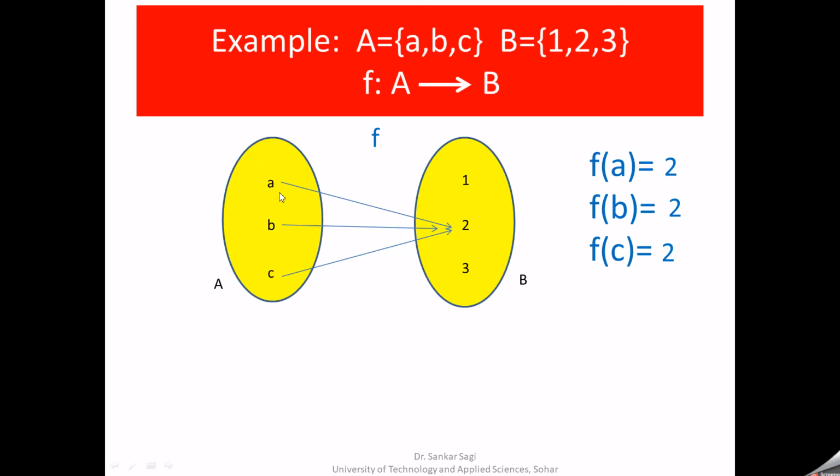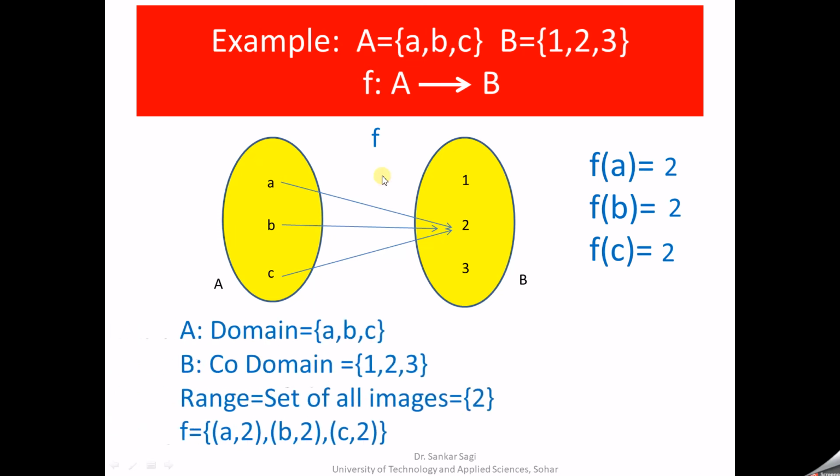And each element should have only one image, not more than one. So here A has only one image 2, and B has only one image 2, and C has only one image 2. Therefore, f qualifies to be a function.